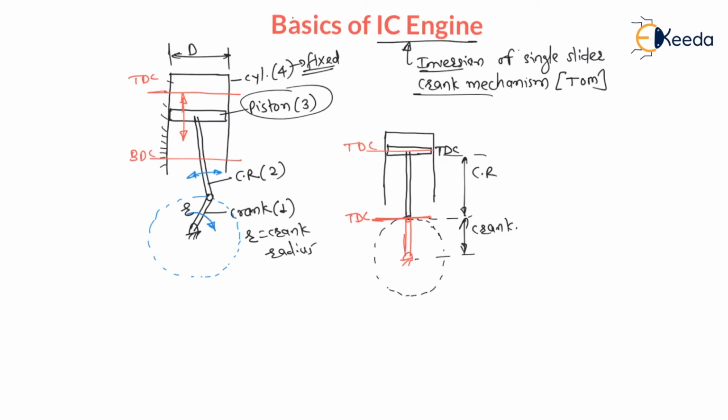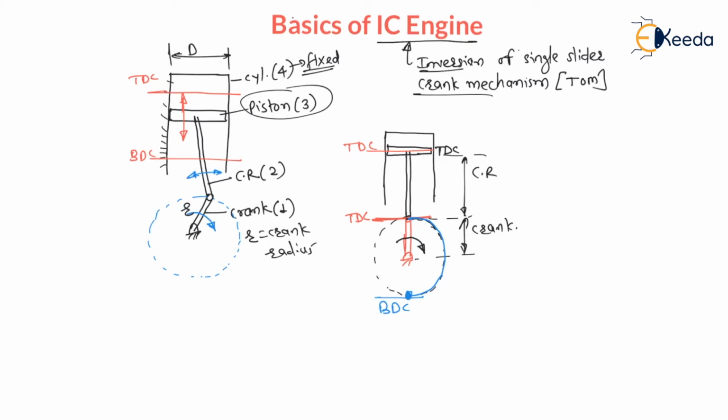Now this crank is rotating. During rotation, as this crank comes from this top extreme position to the bottom extreme position, the piston will come to the BDC. Therefore this bottom extreme position is for bottom dead center.